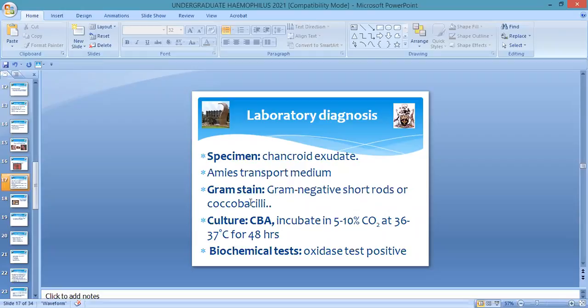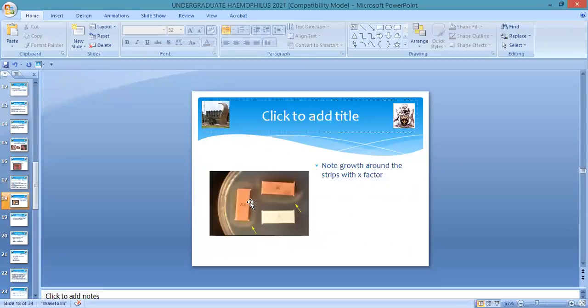And the first thing you'll have to do is gram stain the specimen and check out for gram-negative rods or coccobacilli. Incubation is the same as what we discussed for Haemophilus influenzae, same as the biochemical tests. So after culture, look out for the pinpoint colonies and then perform oxidase and catalase tests.